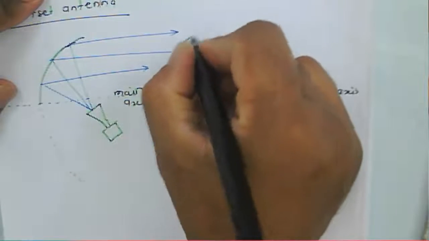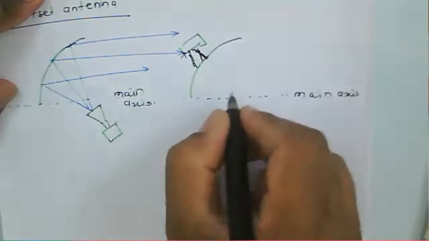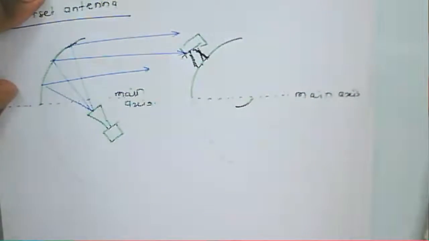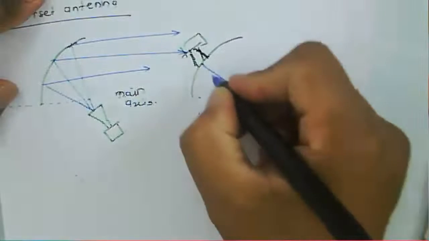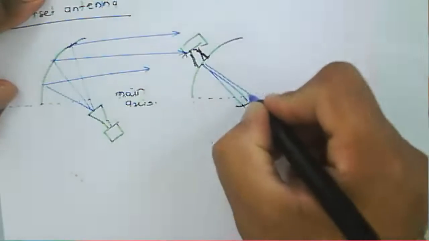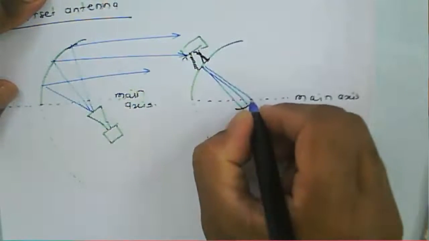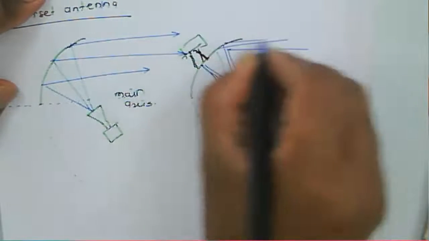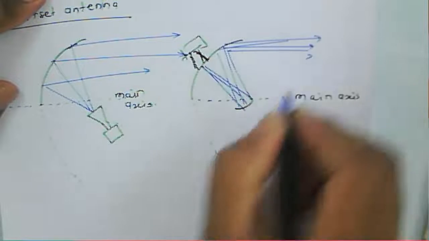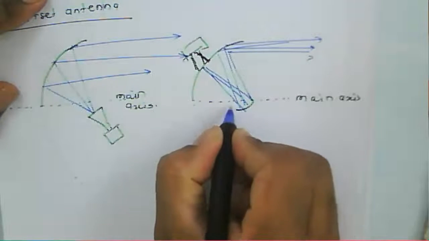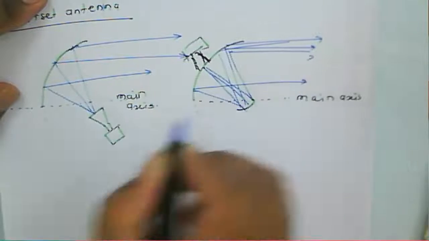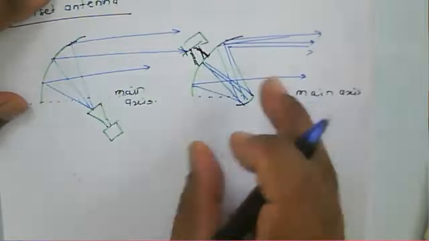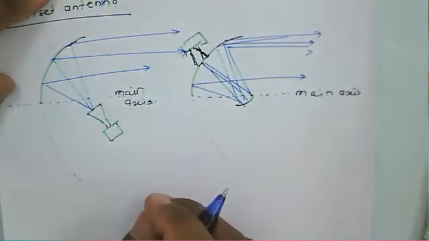The signal coming from this horn antenna reaches the sub reflector, and then it is reflected from the sub reflector and propagates onward. So this is an offset sub reflector antenna.